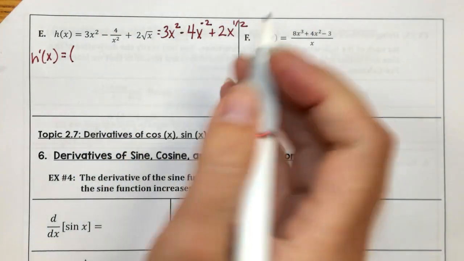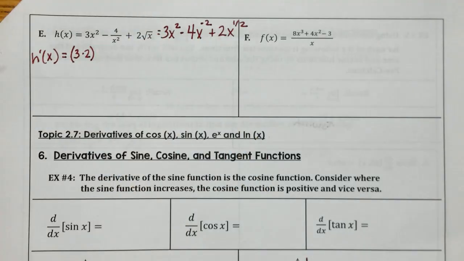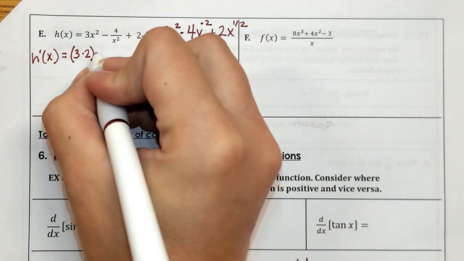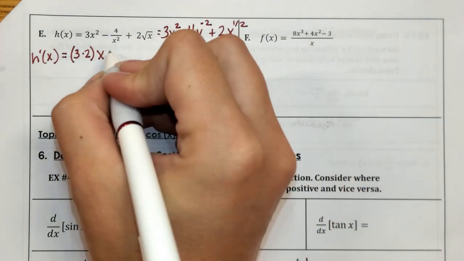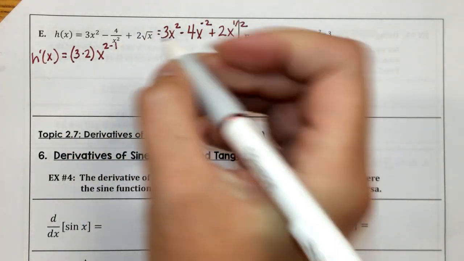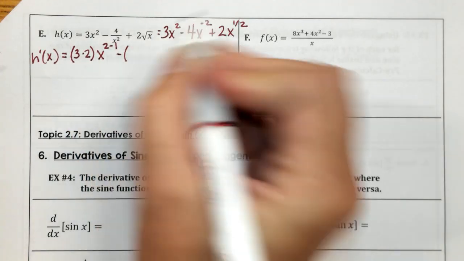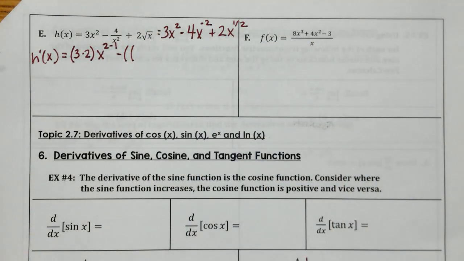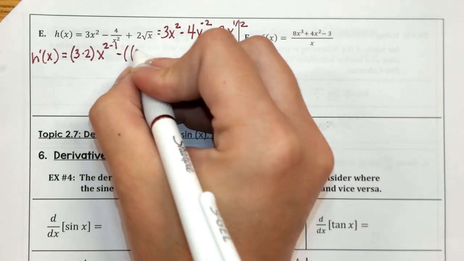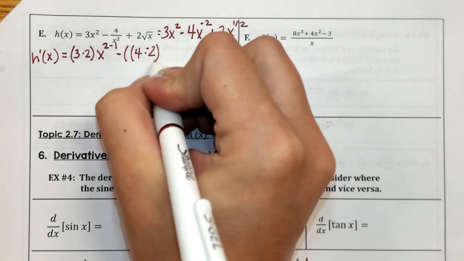So I'm doing a times n, which is what? 3 times 2. And then x to the 2 minus 1. Okay, we're subtracting here. We're doing a times n, which is 4 times negative 2.